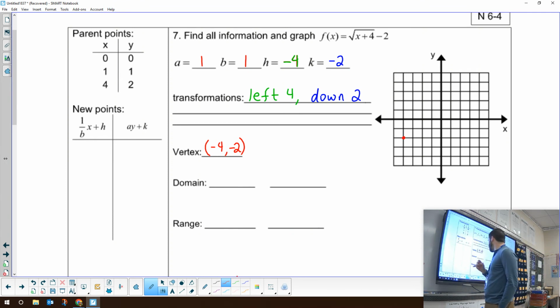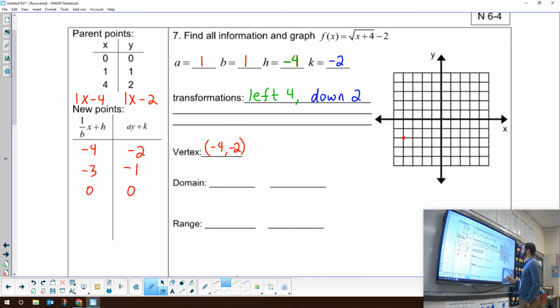And then here, we're going to just add my h to each one. So on each one of these, we're going to go 1 times x minus 4. So that'll be negative 4, negative 3, and 0. And for my k, we're going to minus 2. So we'll be at negative 2. Hey, there's my vertex. And then 1 minus 2 is negative 1. 2 minus 2 is 0.